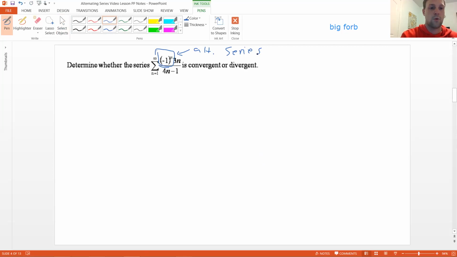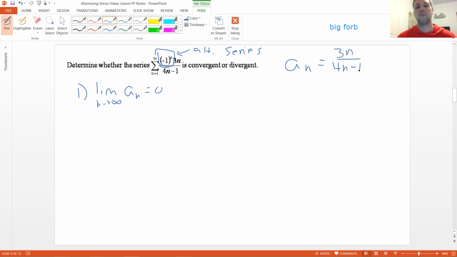Number 1 is we have to see if the limit as n approaches infinity of a sub n equals 0. Well, what is a sub n in this case? 3n over 4n minus 1. It's the piece of the function that's not the alternating part.